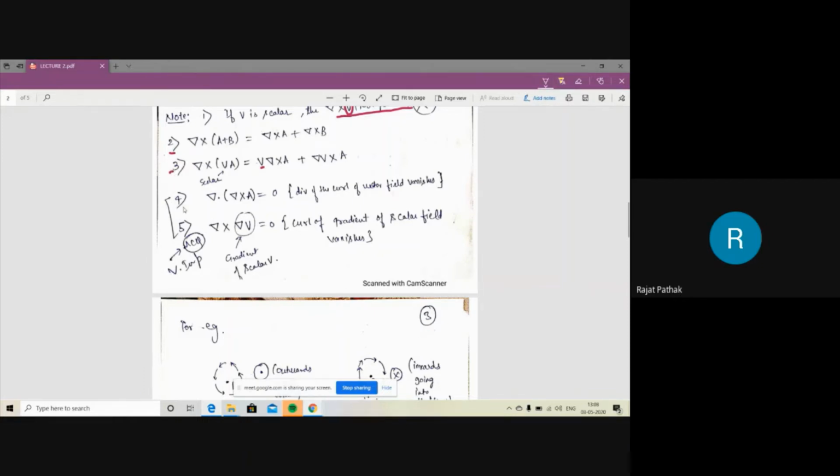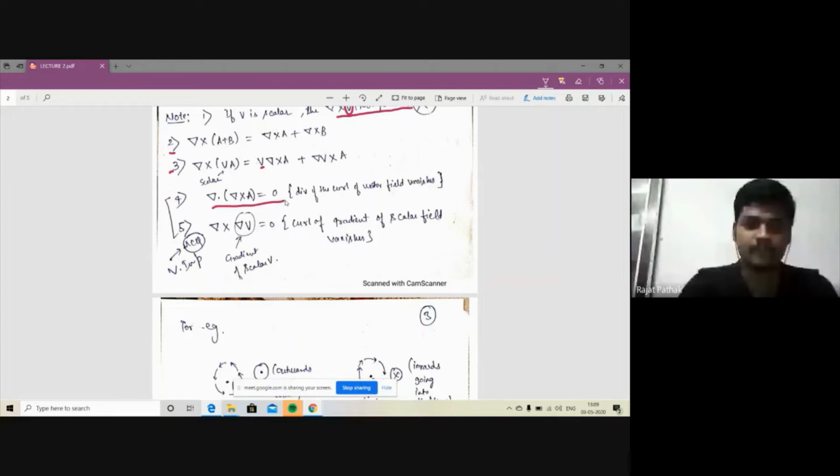This is an important point. Now the fourth point: the divergence of the curl of a vector field vanishes. If you want to calculate the divergence of the curl of any vector field, then it should be equal to 0. This is the most important formula.